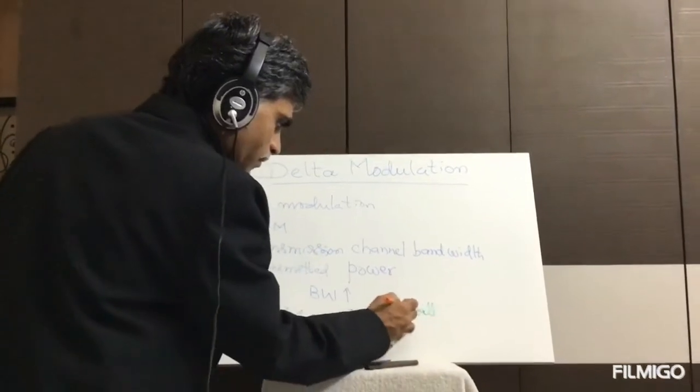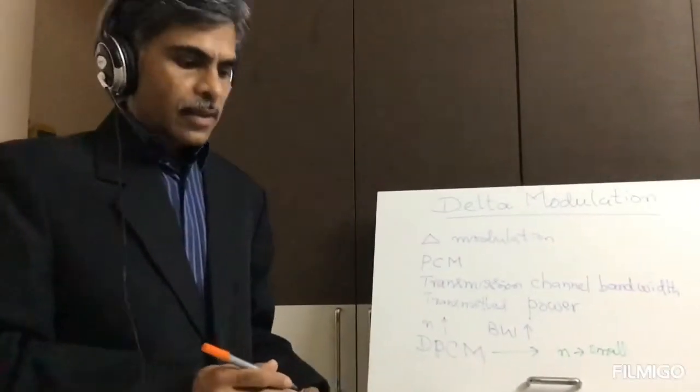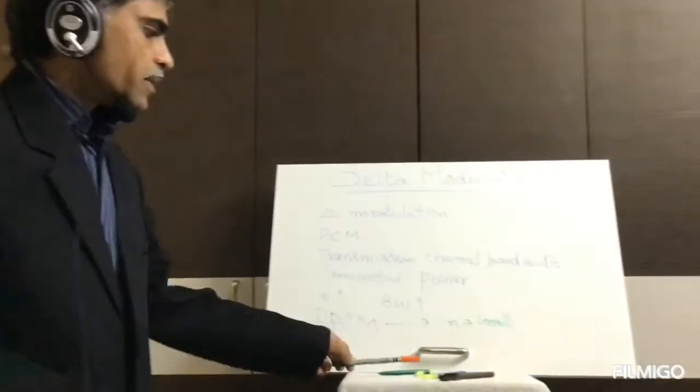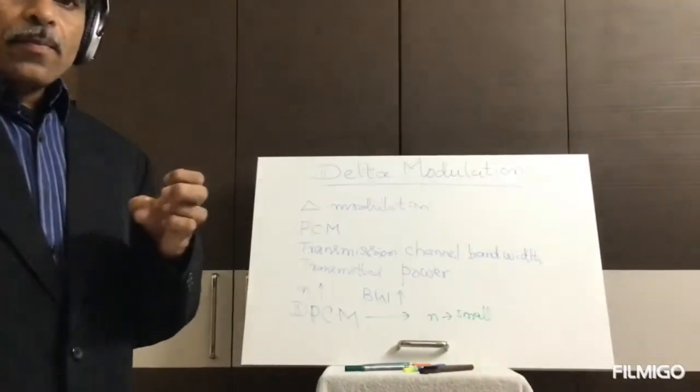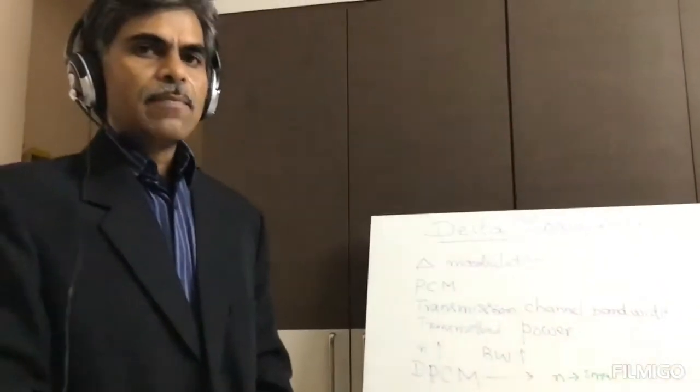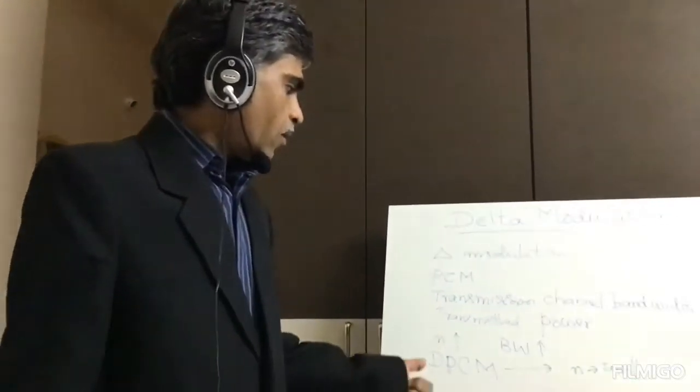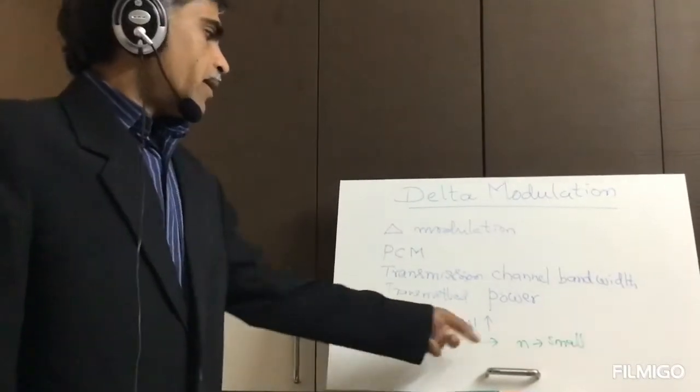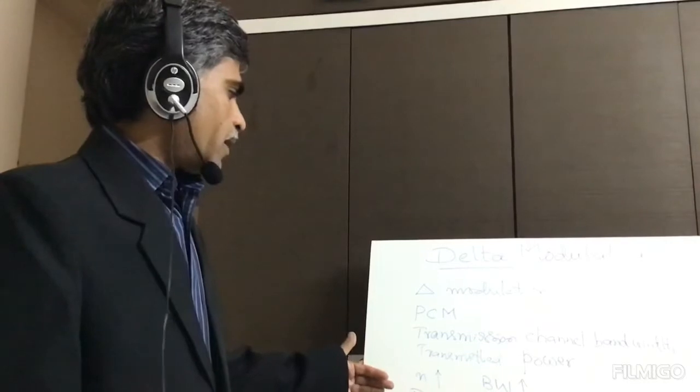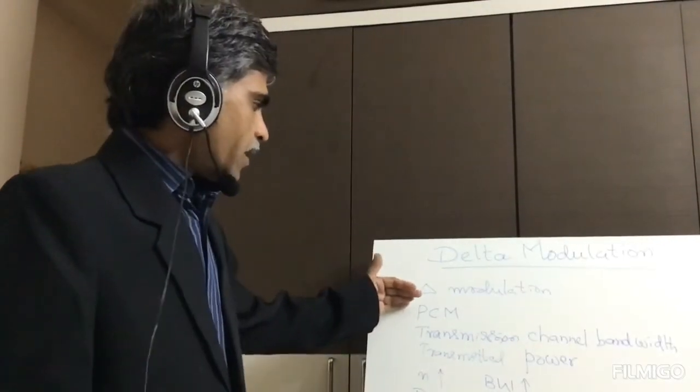The reason is that when the adjacent samples are in very close proximity, the difference between them is very small, so obviously the n value will be very small. So we can reduce the bandwidth requirement drastically from PCM to DPCM.